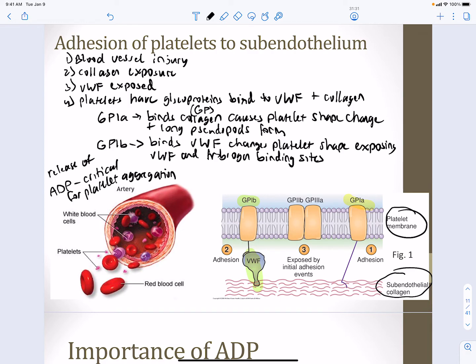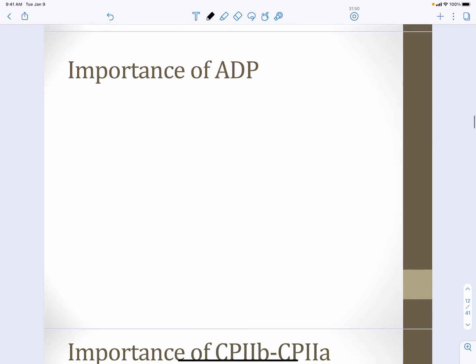So basically, as the platelet gets activated, all of those G protein receptors on the surface we discussed are going to get triggered, and you're going to get release of your granules. One of the granules contains adenosine diphosphate, and this is going to allow platelets to come together.